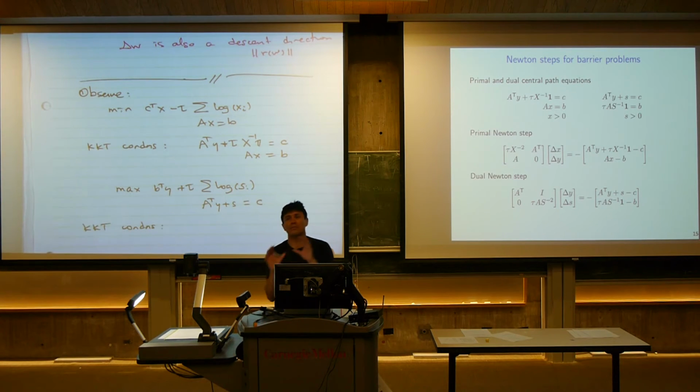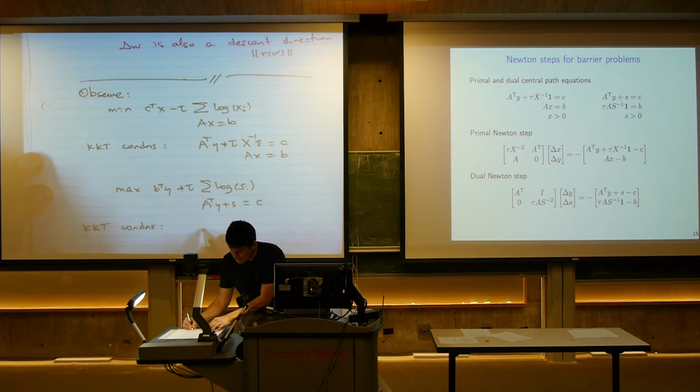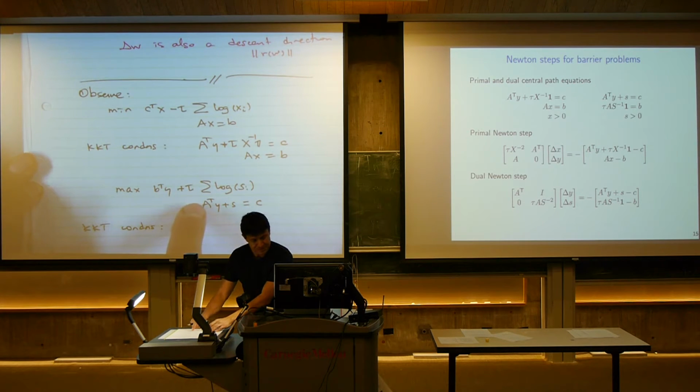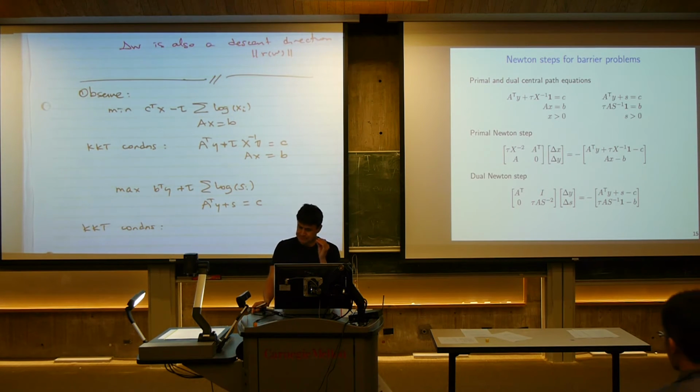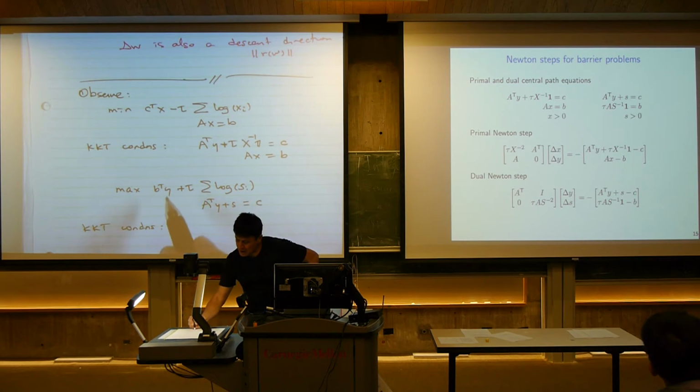And again, the KKT conditions for the dual problem, just the dual, without looking at the primal in any way, are, well, same thing: we have those constraints, but we must also have the connection between the gradient of the objective and the constraints.